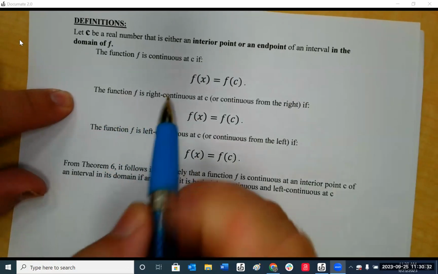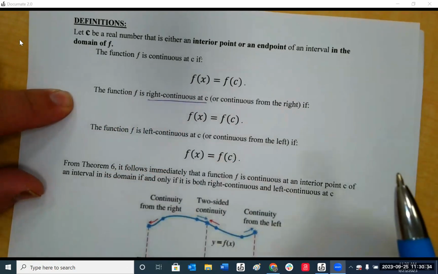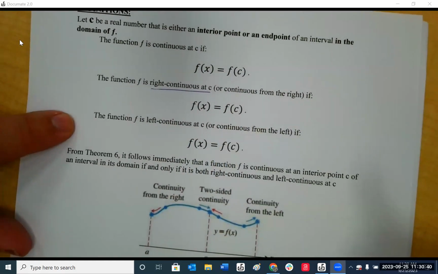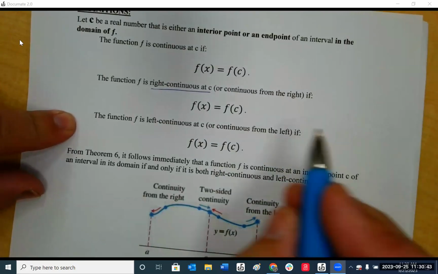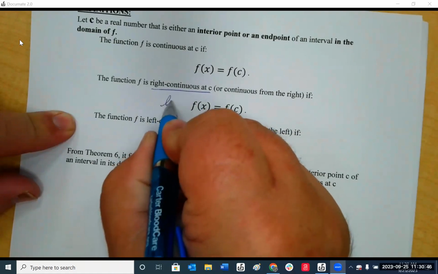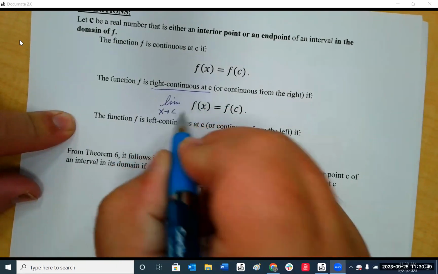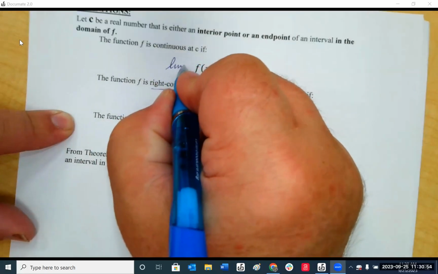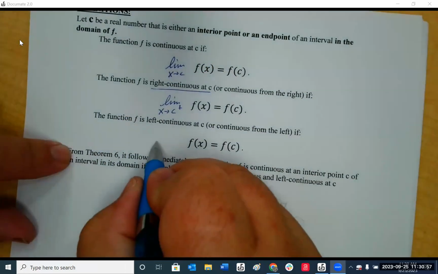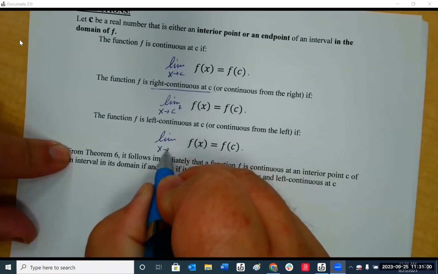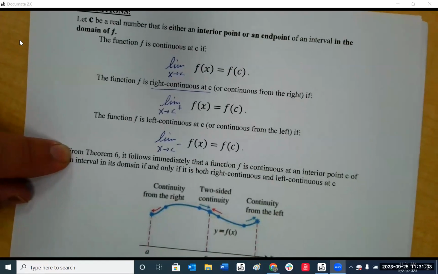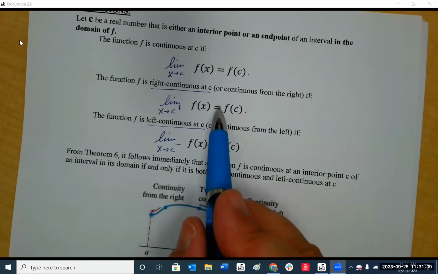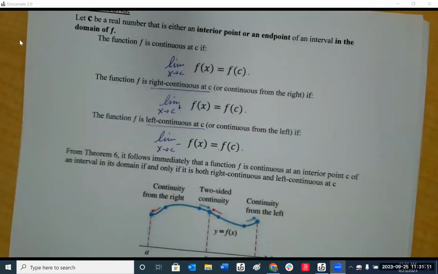The function is right continuous at c, continuous from the right, if the limit as x approaches c from the right equals f of c. This one is the limit as x approaches c from the left. It's left continuous. So when they're both continuous, left and right, that means it's continuous.